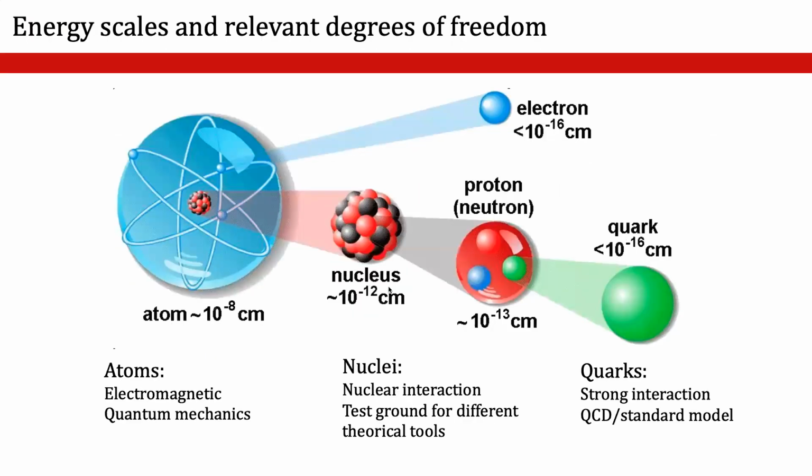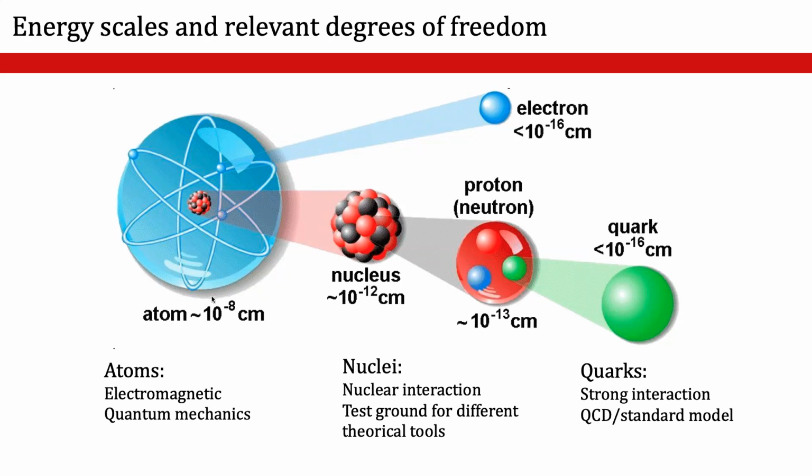Okay, first, I want to talk about the infrastructure for nuclear physics research, the quantum many-body methods and interactions. At different energy scales, we have different quantum many-body methods and interactions.